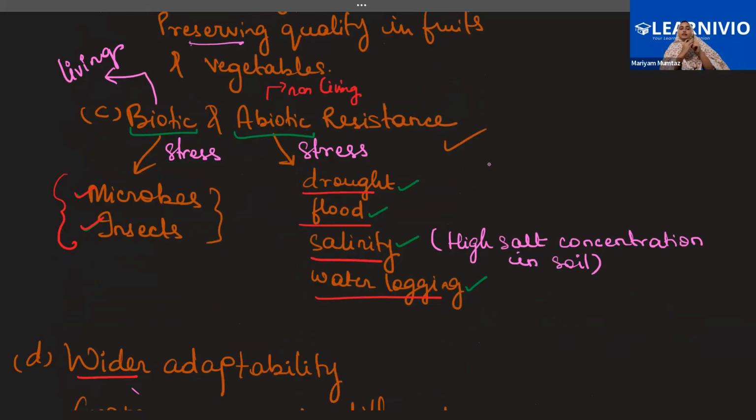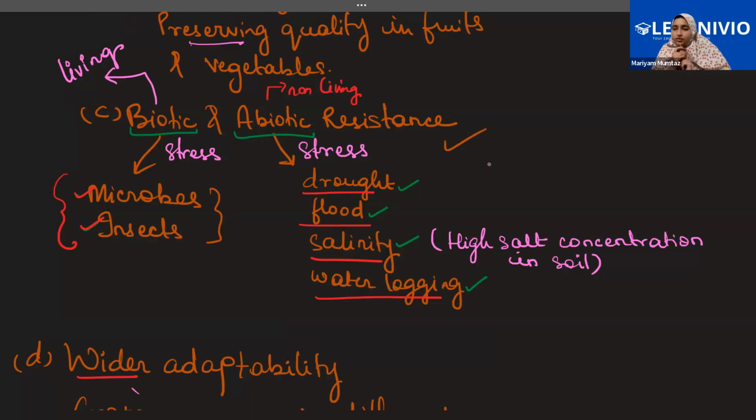Biotic refers to living things that can cause a bad effect on the plant, such as microorganisms and insects, anything that can eat the plant or cause disease in it. These are the biotic stresses, and a plant should be resistant to them and able to withstand them. Then comes abiotic stress, which is non-living stress, like drought.